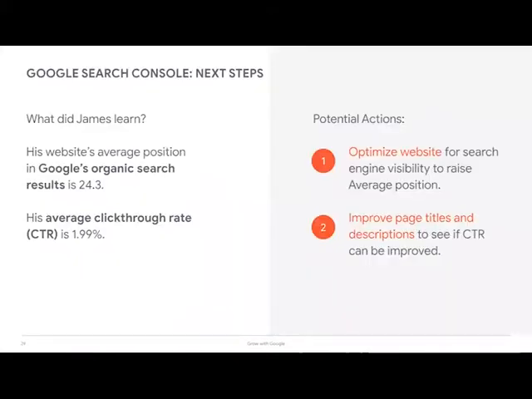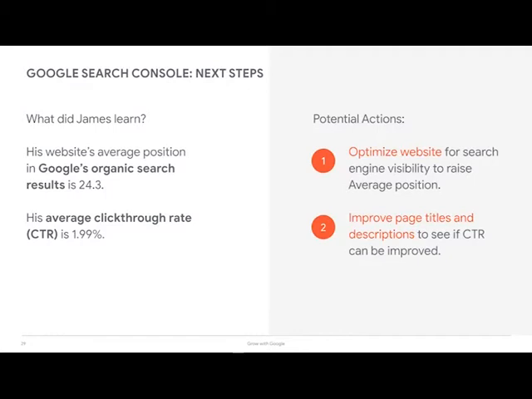Let's take a look at what James learned. James, by taking a look at his Google Search Console reports, noticed that his website's average position, so that's the ranking he has in Google's organic search results, hovers around 24. So he's in the 24th position, not the best place to be.